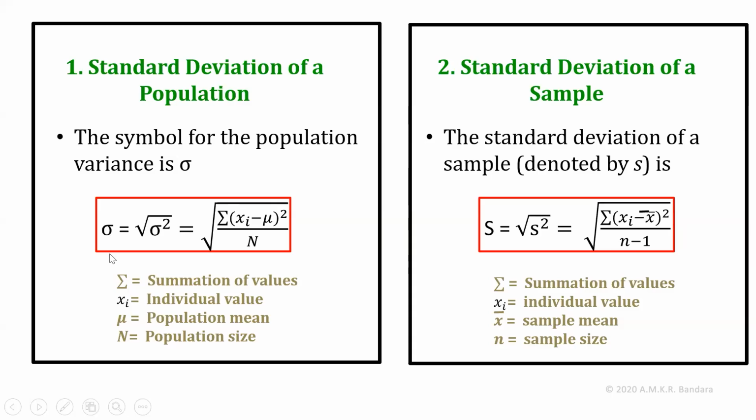We denoted population variance using sigma square and standard deviation using sigma. So population standard deviation can be calculated by getting the square root of what?